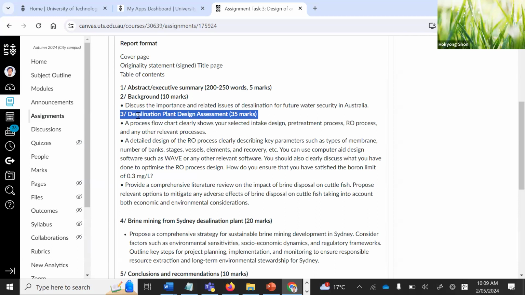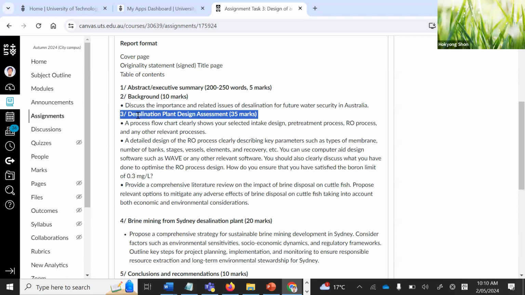And number 4 is brine mining. That's another skill you can use. Instead of sending the salt water back to the ocean, you can collect it for brine mining, which means the seawater contains low to medium concentrations, but we have very useful minerals like bromine, magnesium, and hydrogen. How can we extract these specific minerals, which can be highly valuable?